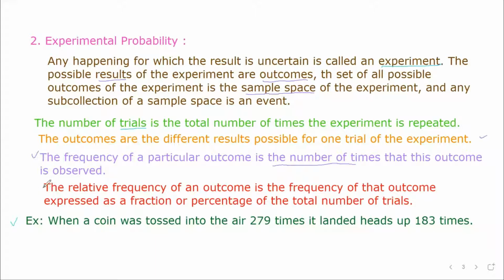So finally, this is another definition. They're all related, okay? From the experimental probability, we can have the relation. The relative frequency of an outcome is the frequency of that outcome expressed as a fraction or percentage of the total number of trials.